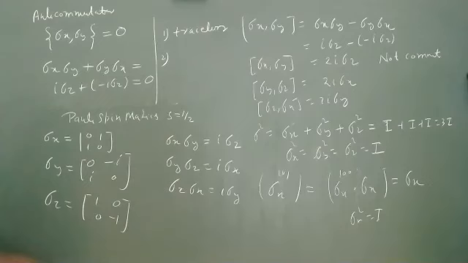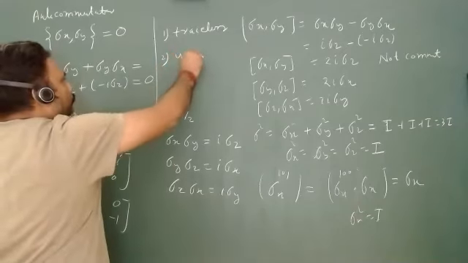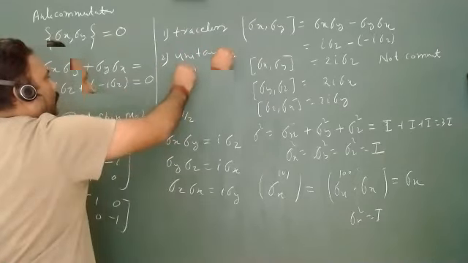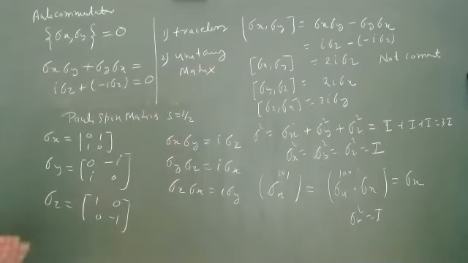What is the meaning of traceless? The sum of the diagonal elements is 0. So the trace is 0. And second thing, they are unitary in nature. They are unitary matrices, meaning the inverse of a Pauli spin matrix will be the same matrix.